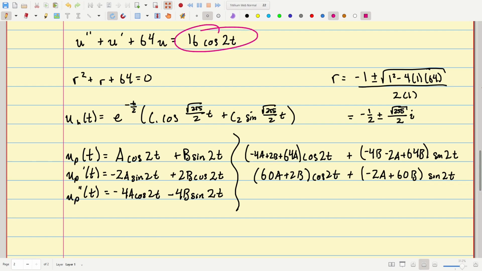That has to equal this, coefficient to coefficient. So this needs to equal 16, and this needs to equal 0.